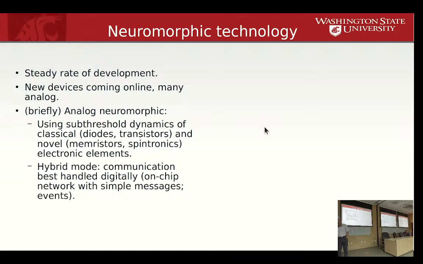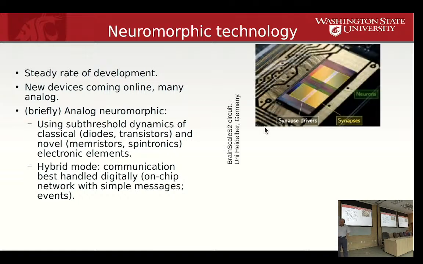Here's an example of the BrainScales chip. Typically, they are hybrid systems where the computation is handled in an analog manner, but the interaction on the computational graph, this communication with events, is done with a digital network. Again, typically that will be an asynchronous network.